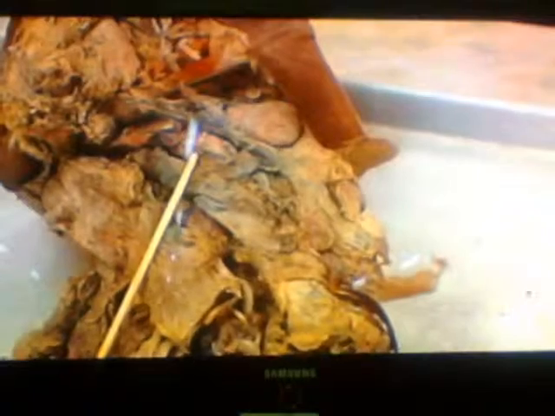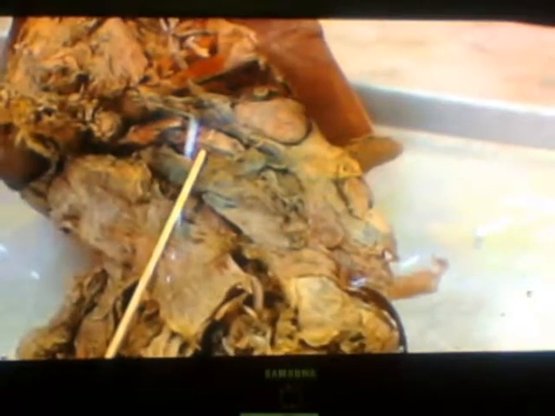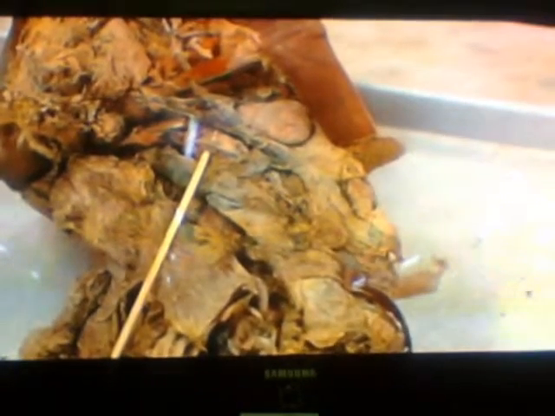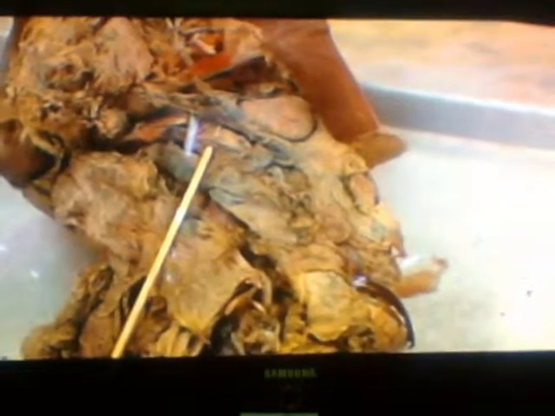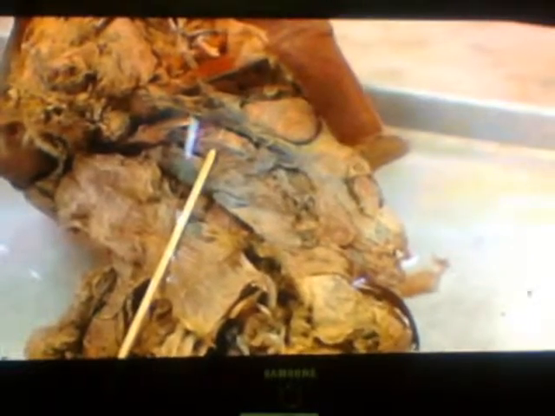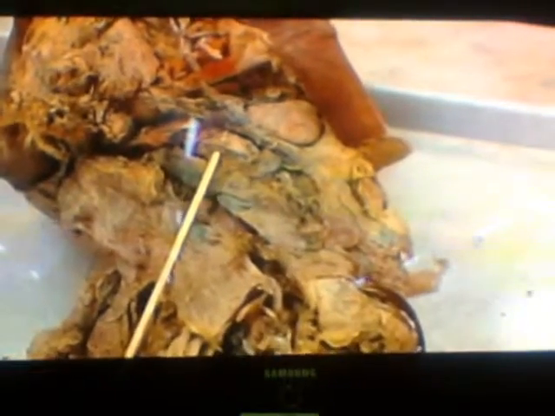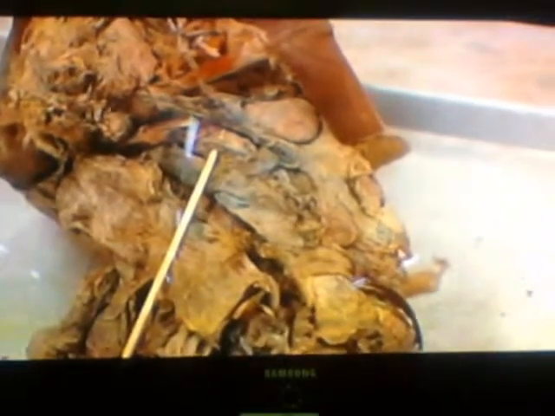The what? The parabrachial. Para means alongside. Brachii means arm. So which arm, where do you want to put this? Yeah, parabrachial is parallel to the arm, alongside the arm.